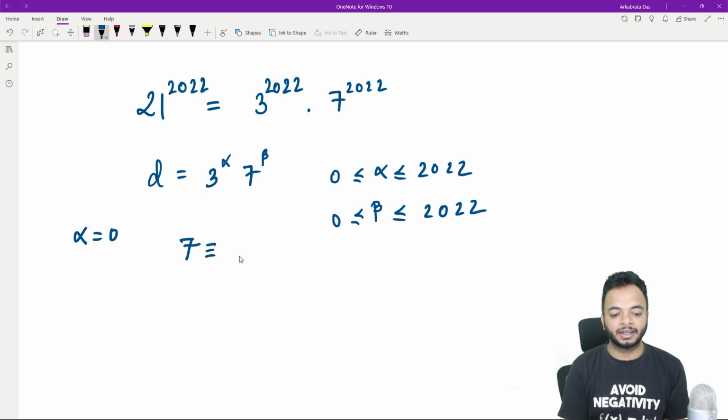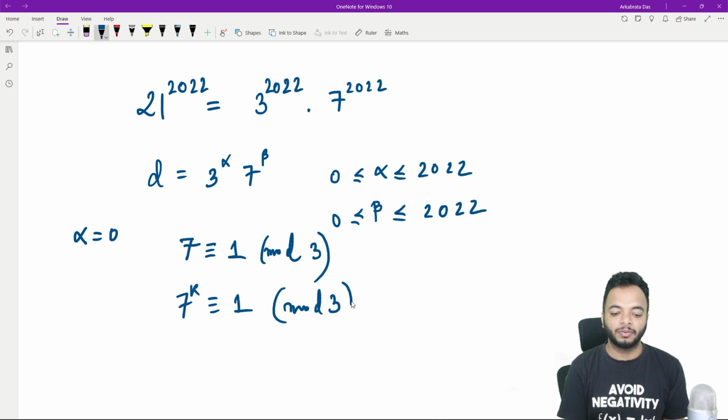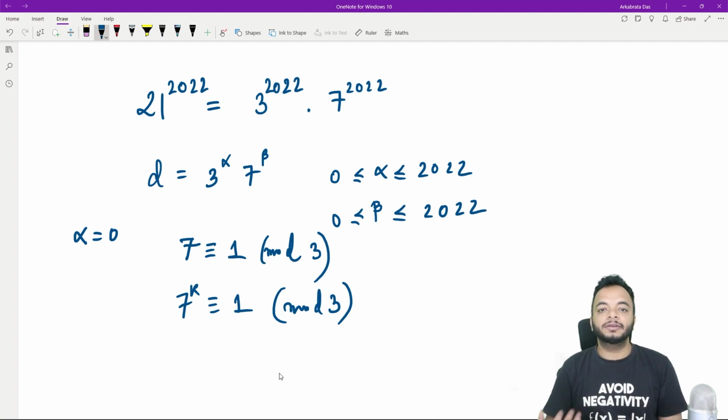Now 7 is congruent to 1 modulo 3, and so any power of 7 is congruent to 1 to the power k, so 1 modulo 3. So all the divisors of 21 to the power 2022 which are not divisible by 3 are of the form 7 to the power k, and they are all of the form 3k plus 1.